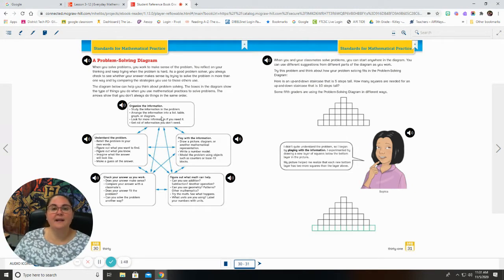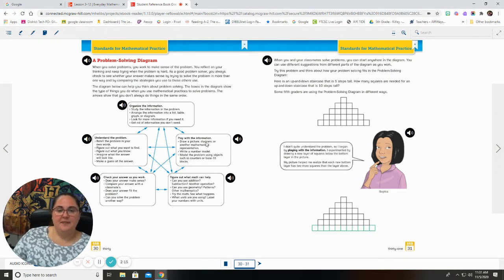Sometimes when authors are writing story problems, they're going to give you random numbers or facts that you don't need. So figure out which ones are important and which ones aren't. To help you understand the problem, maybe you need to retell it in your own words. Maybe you need to think about what you know and what you need to know. Imagine what the answer is going to look like.